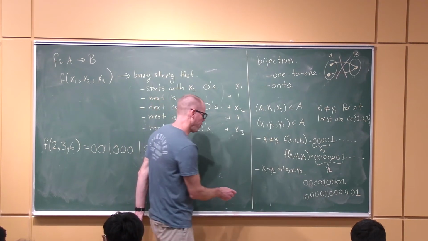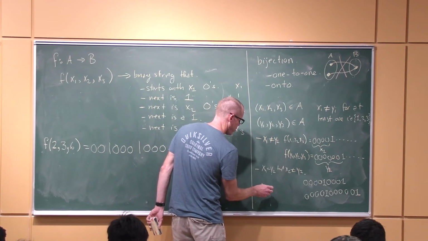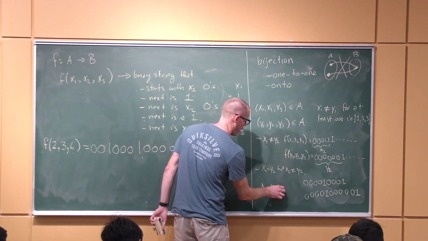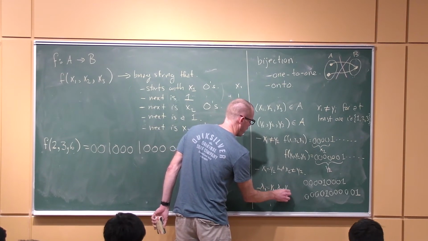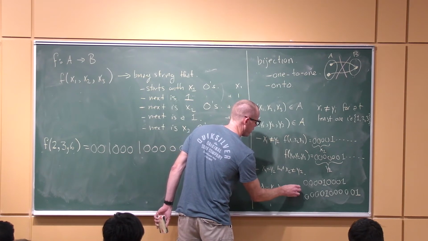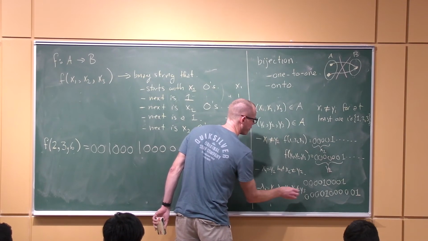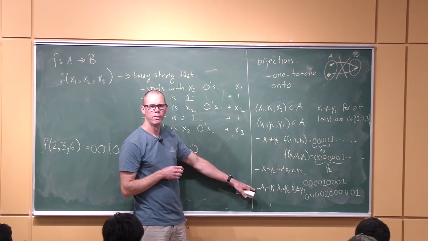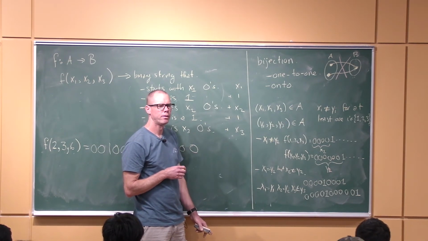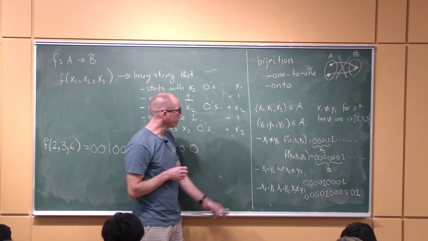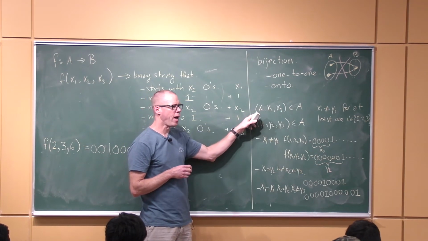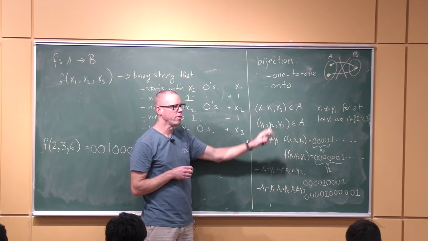And then there is no third case, because the third case would have to be x1 equals y1, x2 equals y2, but x3 is not equal to y3. Why is that not possible? Remember that this is supposed to be an element of A, which means that if I add up x1, x2, x3, I get 11.